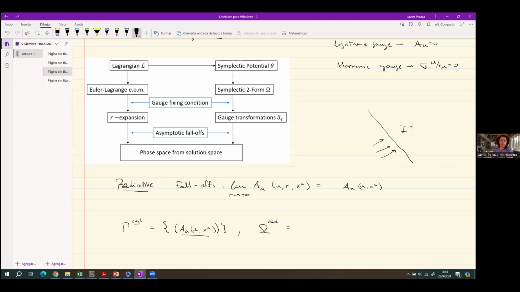It will be the integral in scri plus of the trace of delta partial_u delta A, and here we put the volume.